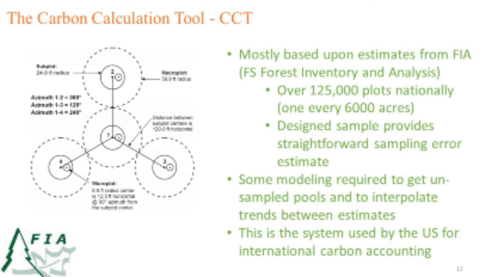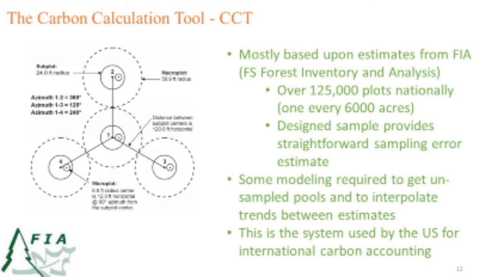FIA data is over 125,000 permanent plots across the country. That's about one every 6,000 acres. It's a design sample, so it's basically a simple random sample, or treated as a simple random sample. And so it provides really straightforward ways of figuring out what your uncertainty is.